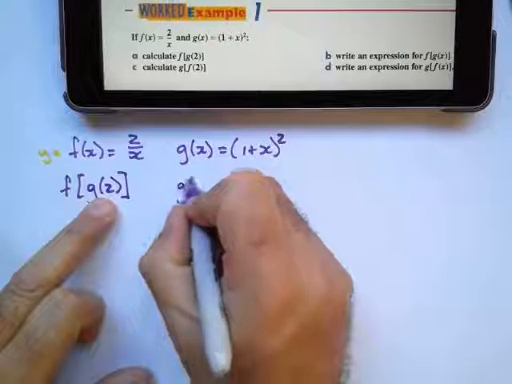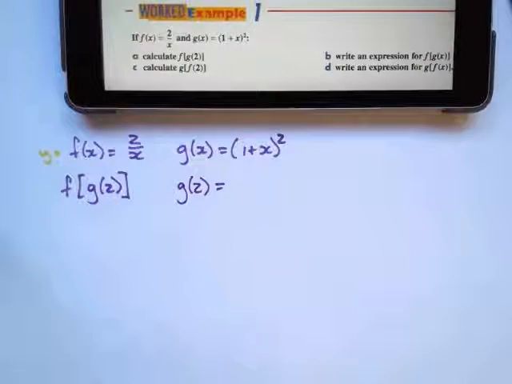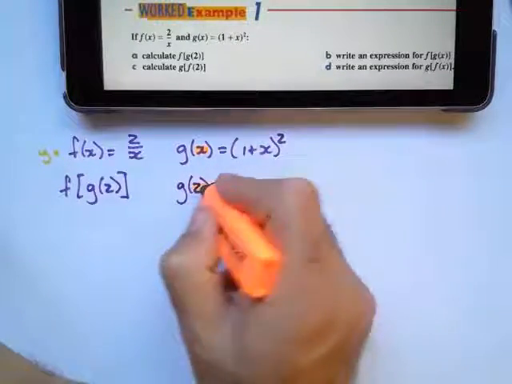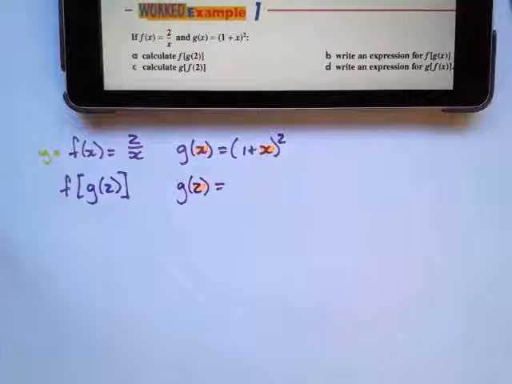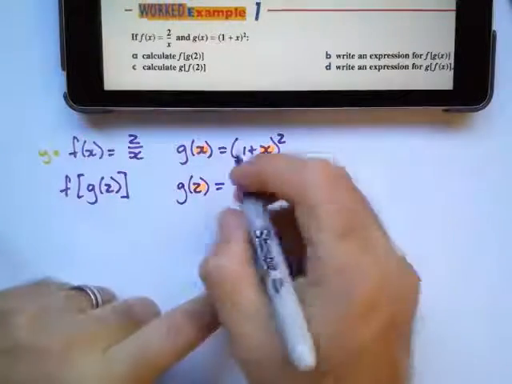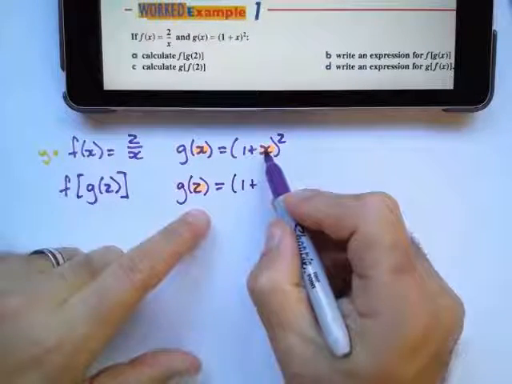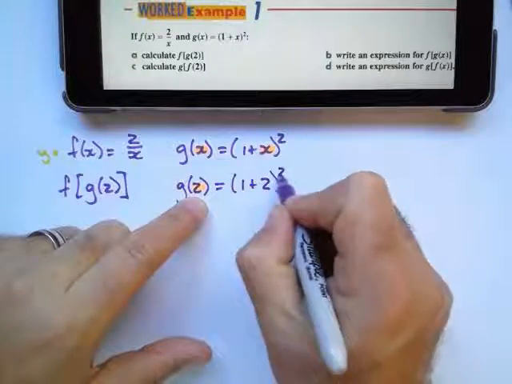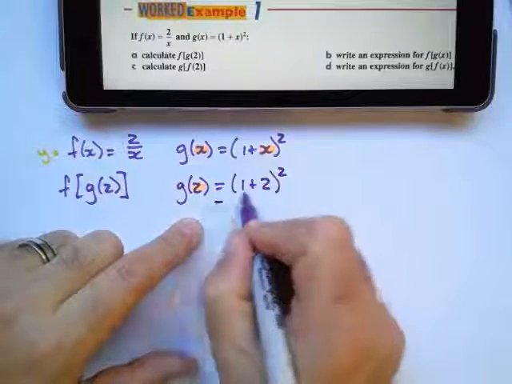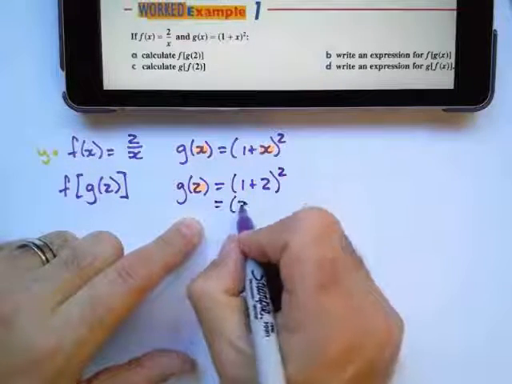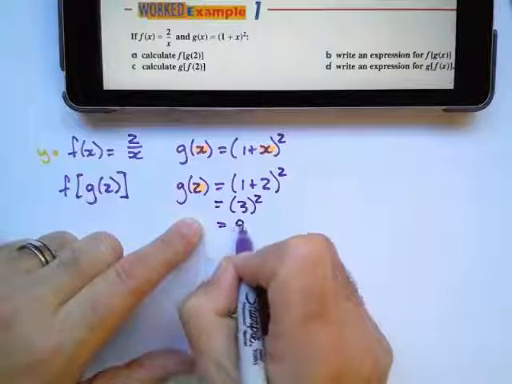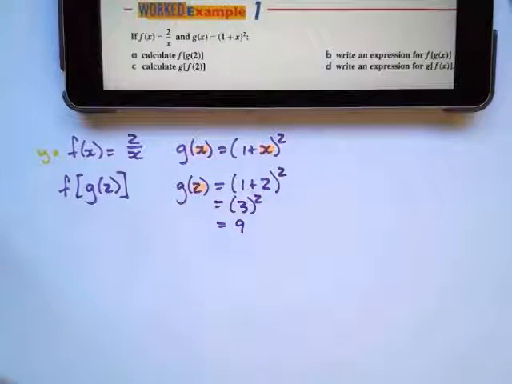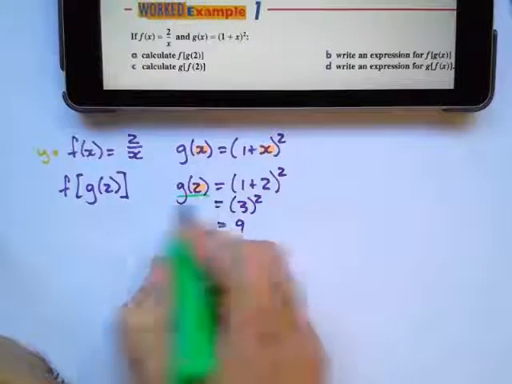Wherever I see an x, I'm going to put a 2. So 1 plus, in the place of the x, I'm going to put a 2. That's going to be my value. So 1 plus 2 is 3 squared. 3 squared equals 9.